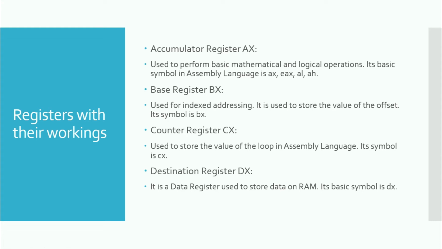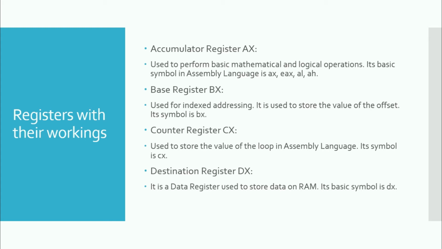If you don't know what a loop is, I will teach you. And if you are doing any kind of programming, such as C++, Java, Python, etc., then you are surely familiar with loops. So the counter register is used to store the value of the loop. Its symbol is CX, and then we have the data register DX.